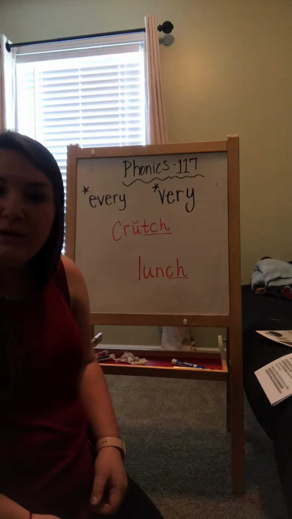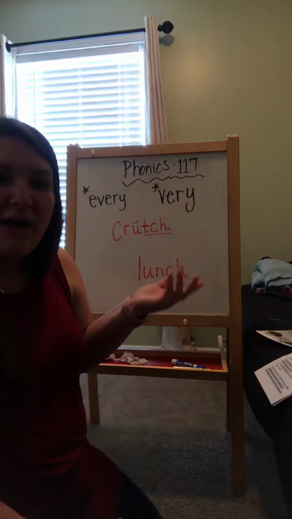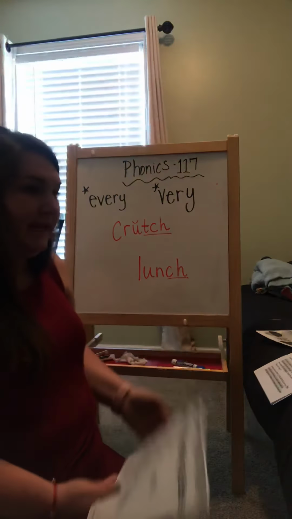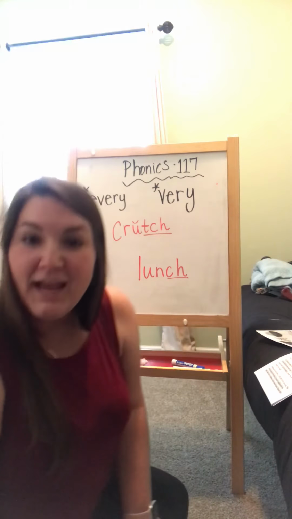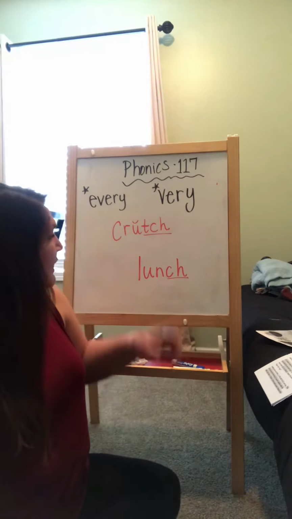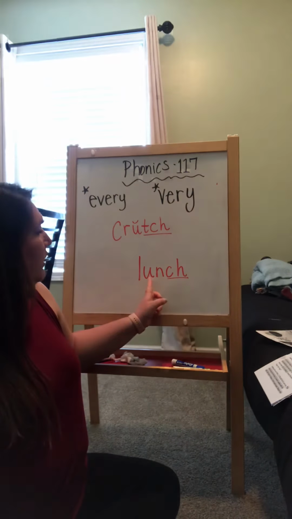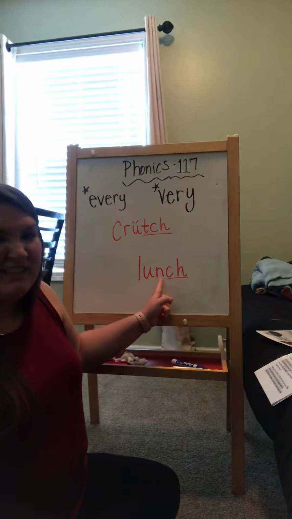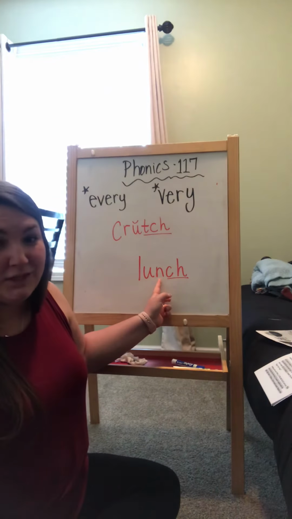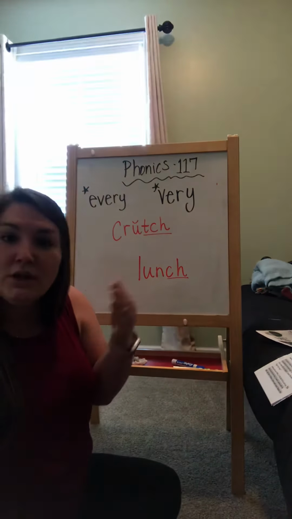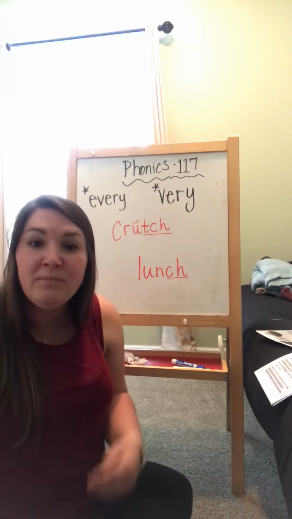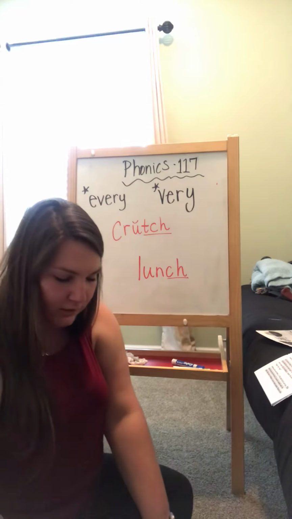So to figure out which ch it is, I have to remember my rule. TCH after a short vowel and CH after anything else. So like in the word lunch, the u is not a short vowel. So I know it's going to be a CH. So those are the rules to help me remember my ch sounding words.